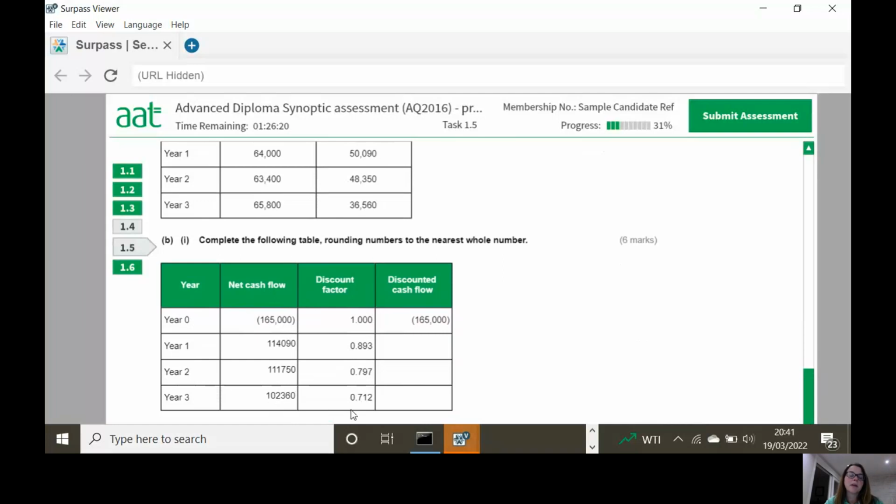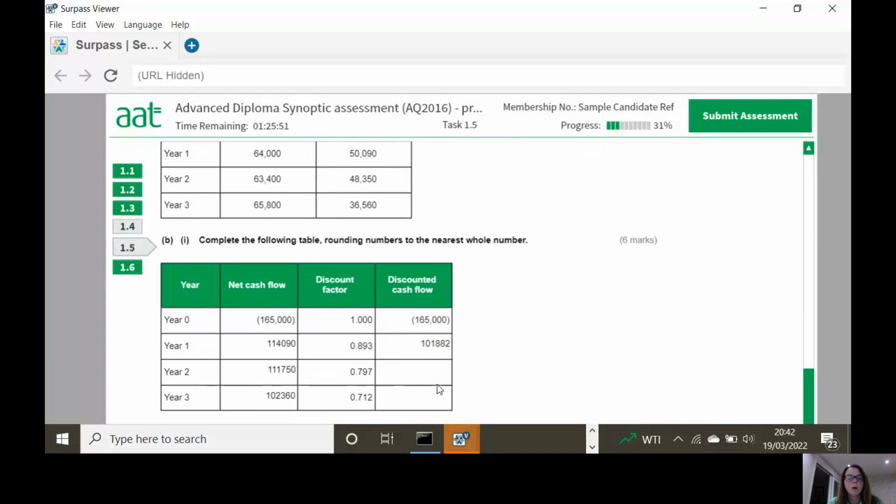And then hopefully you remember when you've got a discount factor, you just multiply the cash flow by the discount factor to get the discounted cash flow. So 114,090 times 0.893. So 101,882. Remember it told me here, do it to the nearest whole number.